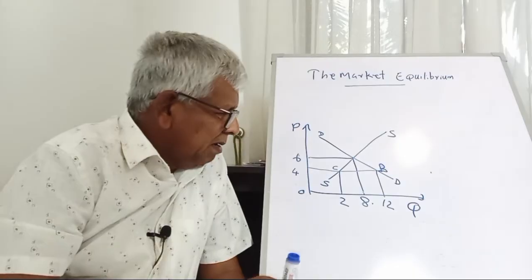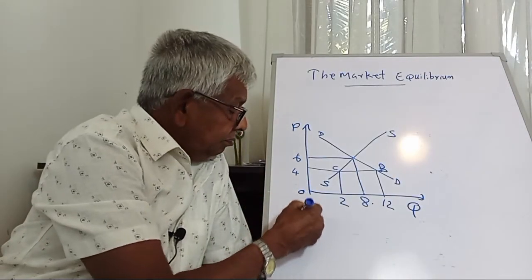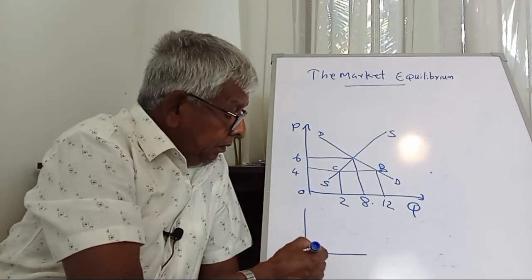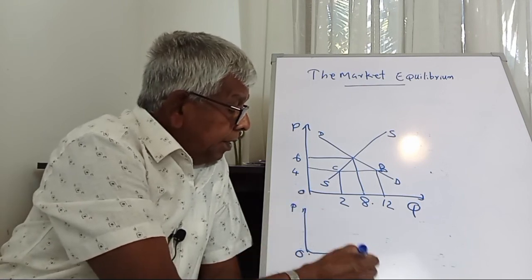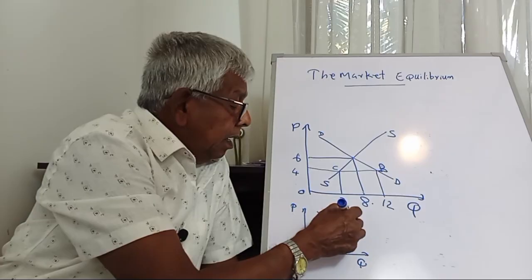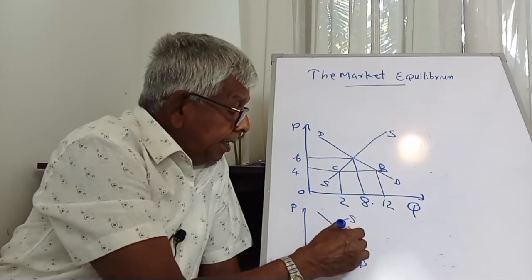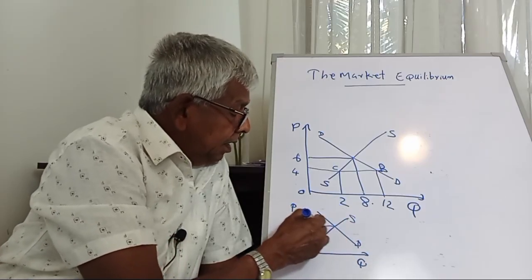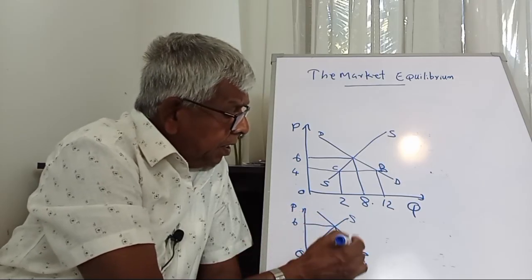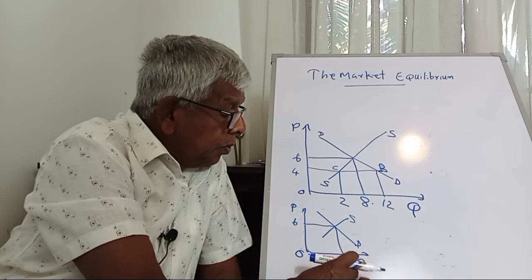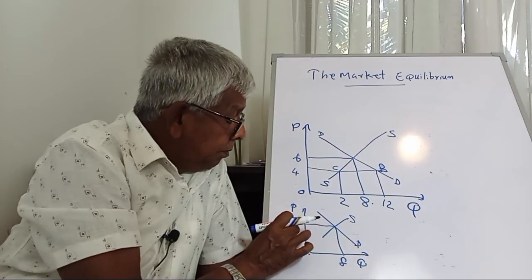Now we know the price, quantity, demand, and supply. Here, 6 rupees. Here, 8 units. Equilibrium quantity, equilibrium price.